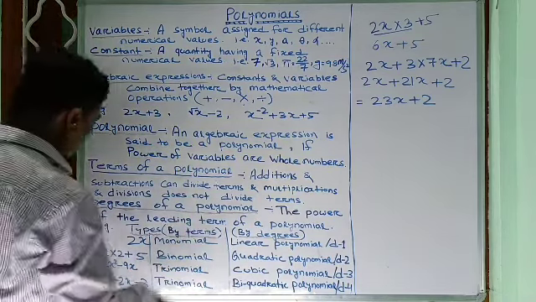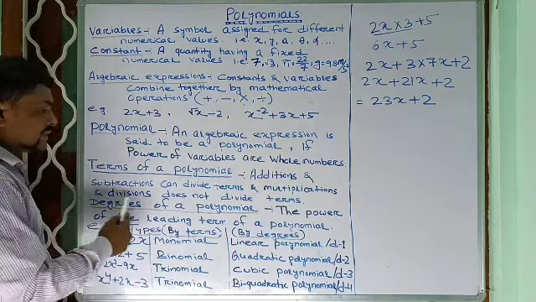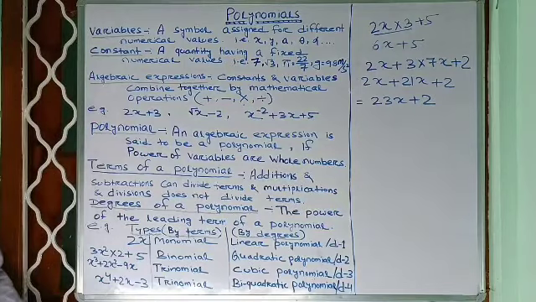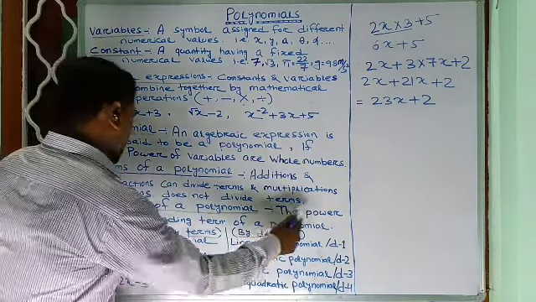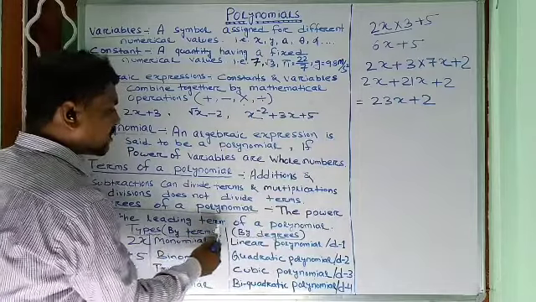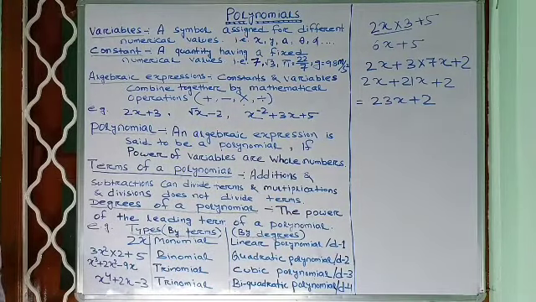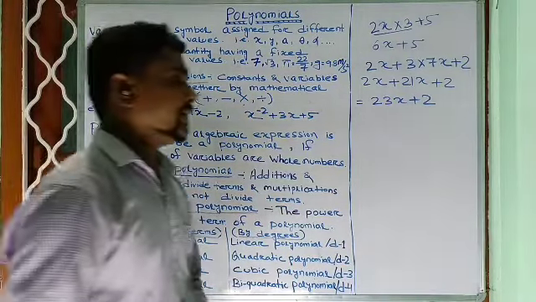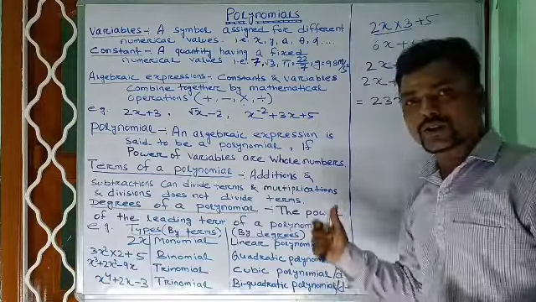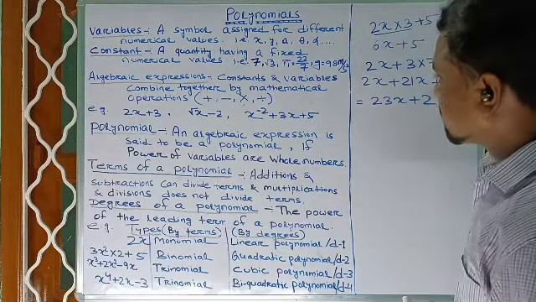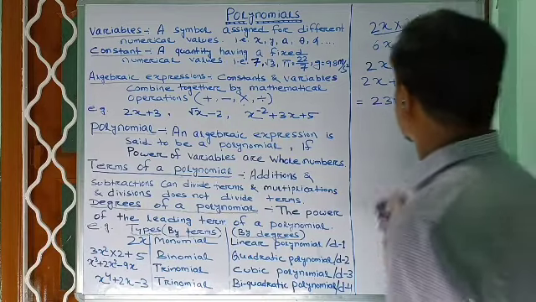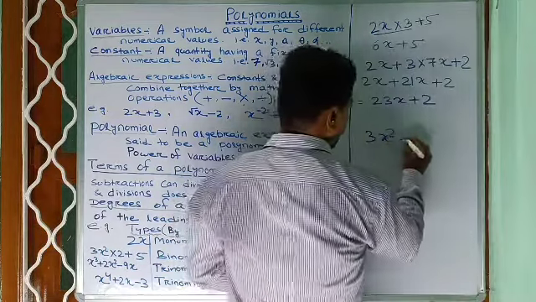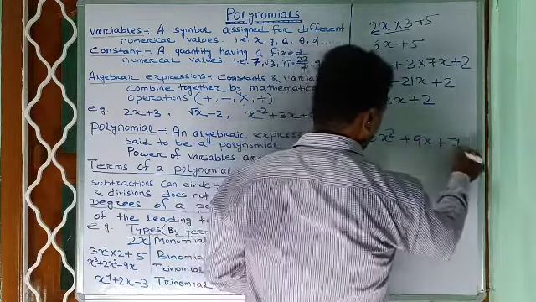Okay. So let's come to understand what is the degree of a polynomial. The degree of a polynomial is what? The power of the leading term of a polynomial is known as the degree of the polynomial. Leading term means what? Here we understand what is a leading term. Suppose I write 3x square plus 9x plus 7.